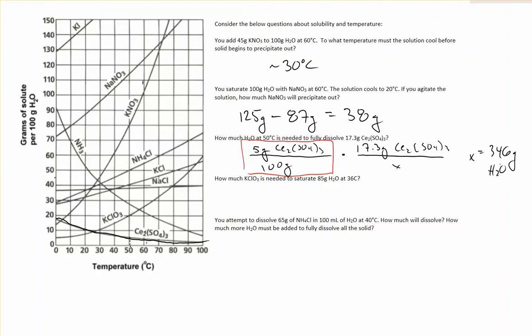Part D is similar. How much KClO3 is needed to saturate 85 grams of water at 36 degrees Celsius? Here's our curve for KClO3. And we see that at 36 Celsius, 100 grams of water are able to dissolve right around 14 grams of KClO3.